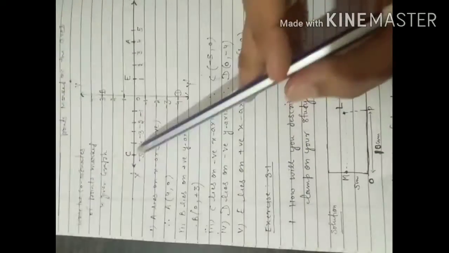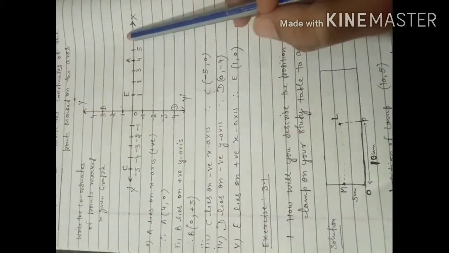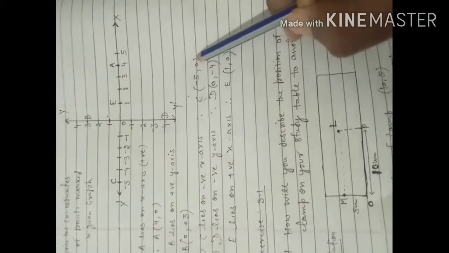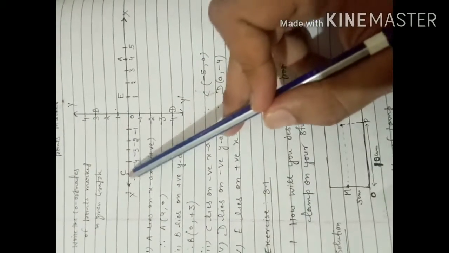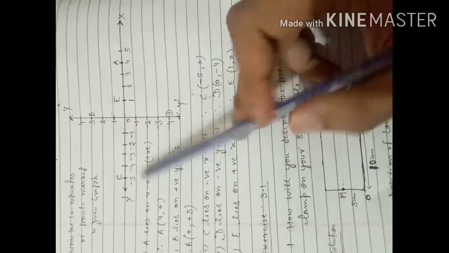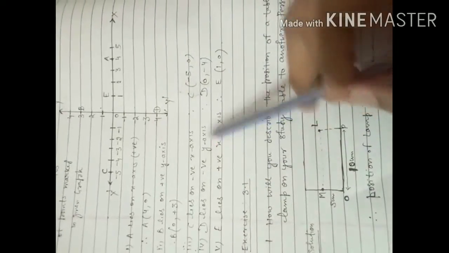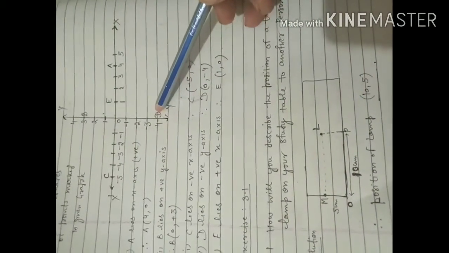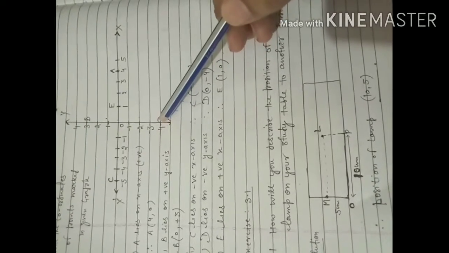Now point C is on the negative x-axis. On the x-axis the ordinate will be 0, and C is at -5. So the coordinates of C are -5, 0. Now D lies on the negative y-axis, at -4.